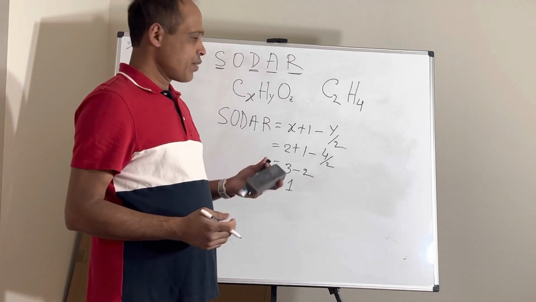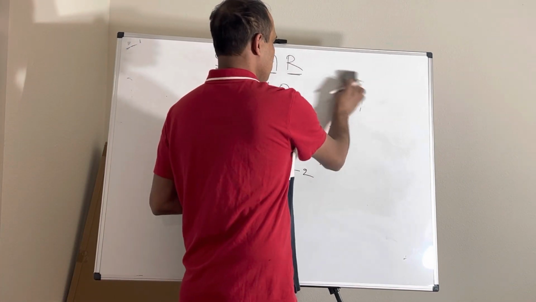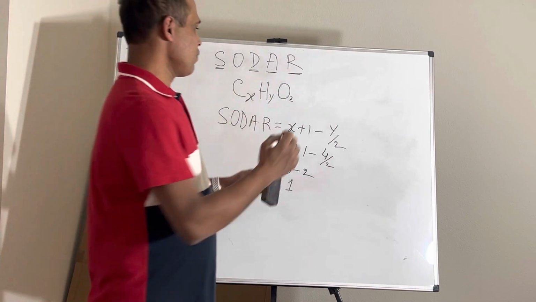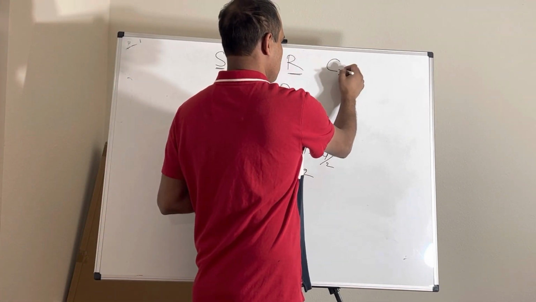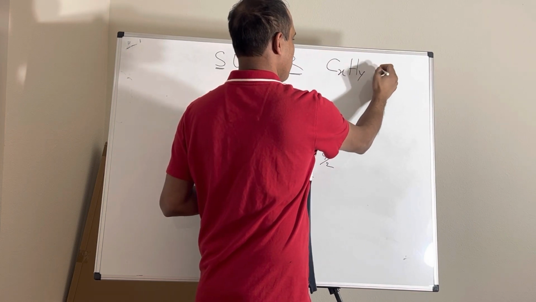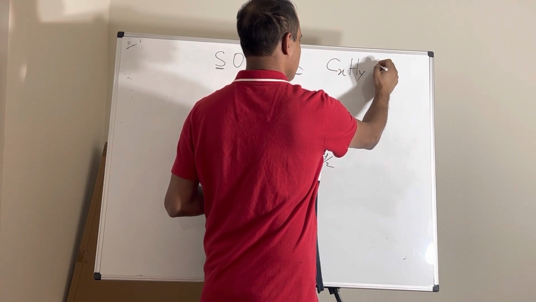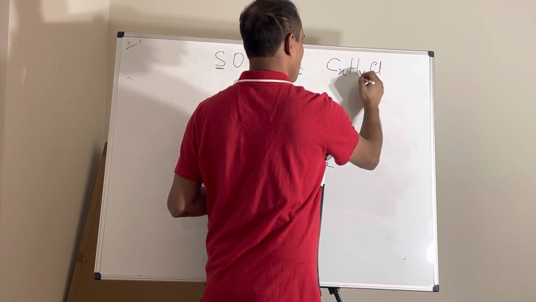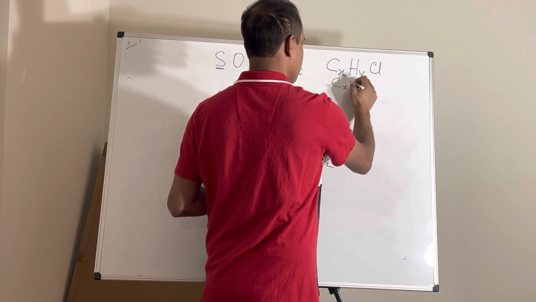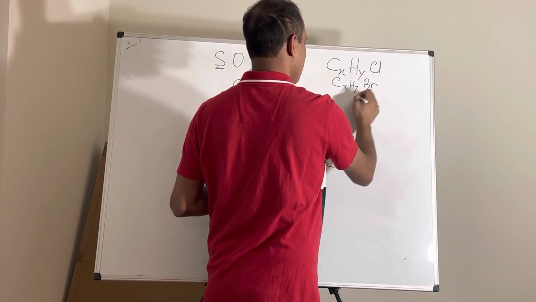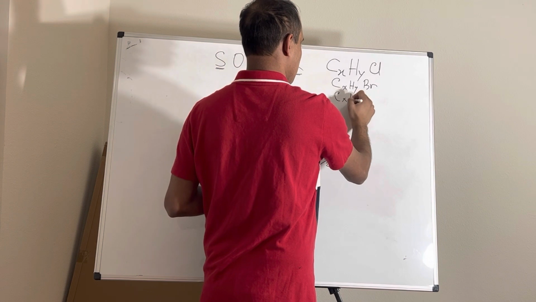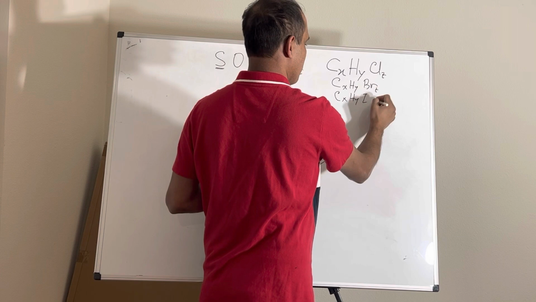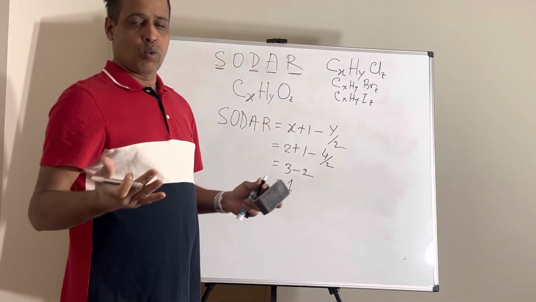So remember that your molecule can be of three different types, especially the organic molecules: CXHYO, CXHY with a halogen, like chlorine, or CXHY bromine, CXHY iodine, or this number can be different, more than one also could be.